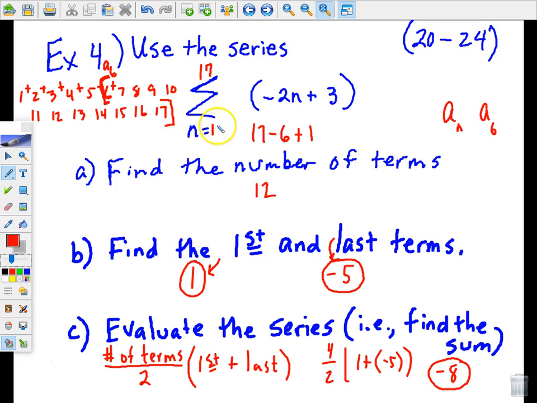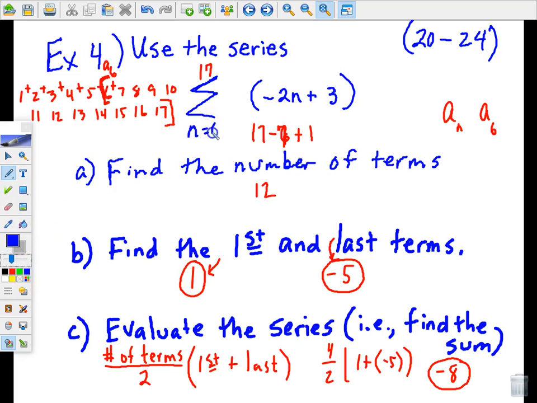But you have to be careful when it's something else. Like in this case, I just changed it to 7. Well, now my number of terms will be 17 minus 7 plus 1, which would be 11. Okay? So please watch out for that. We have people that make mistakes in that area.